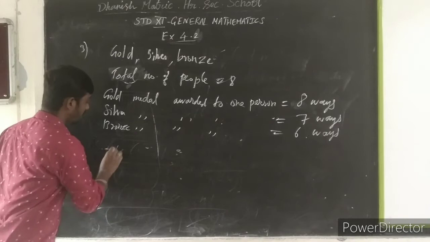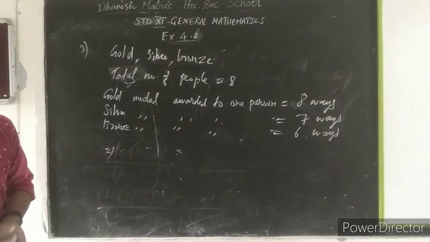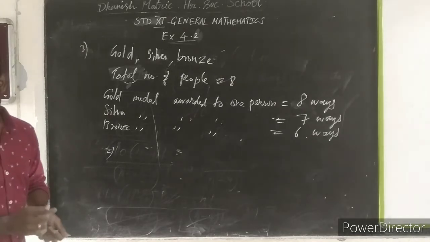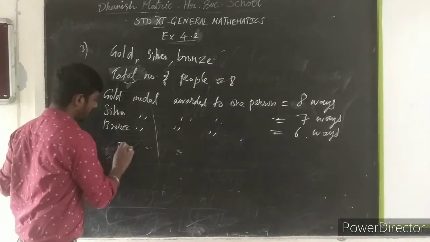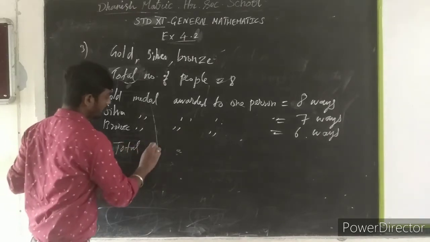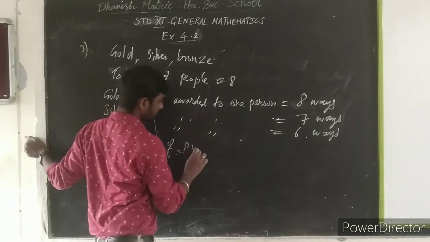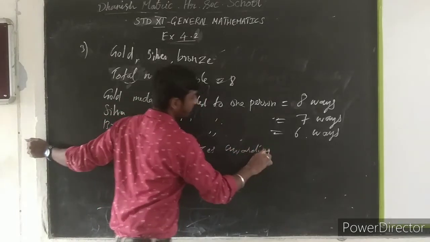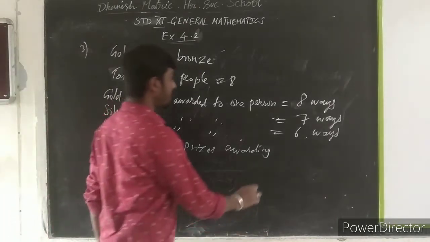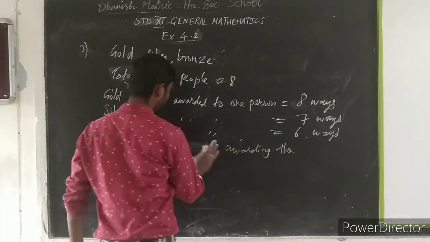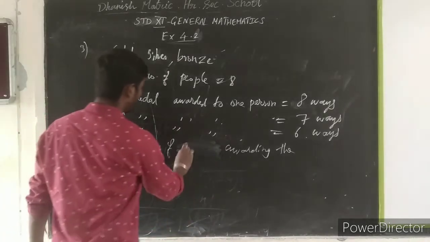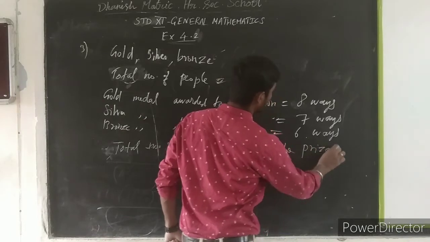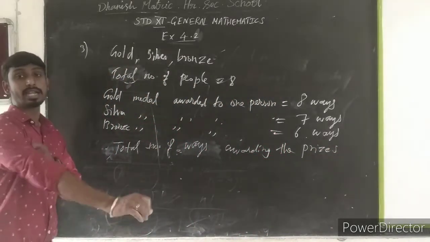So finally we are getting this one. What is the question asking here? In how many ways would the gold, silver, bronze prizes be awarded? The total number of ways of awarding the prizes. So now we are going to multiply using the fundamental principle concept.